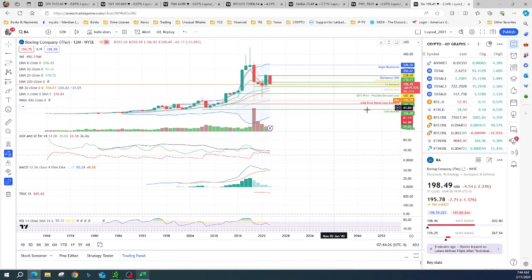The support that I have below 176.25 is the 2009 bottom at 136.49, the 2008 pivot worst case scenario at $87. Then below the 2008 I have another pivot over here, that's 2001 at $64, and the maximum downside target is $29. So those are the major supports that we have in Boeing.